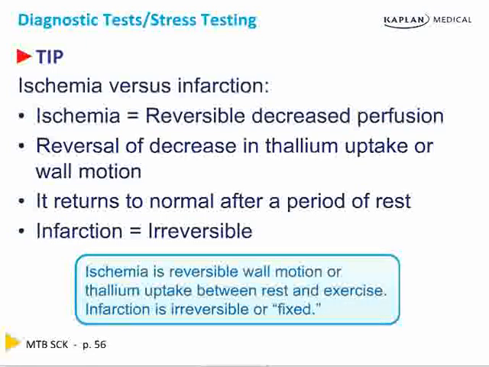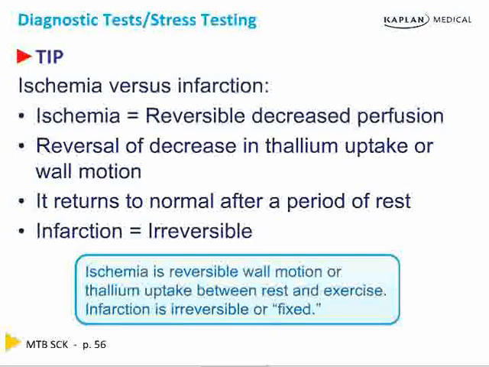This fact that irreversible changes on a stress test indicate a dead piece of myocardium cannot be overestimated, because if it says irreversible, you don't catheterize that. There is no point in bypassing or angioplasting to dead tissue. There's no point in bypassing or angioplasting to normal tissue.